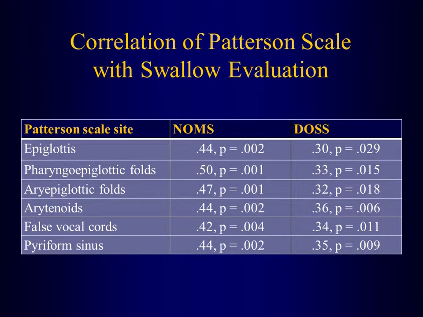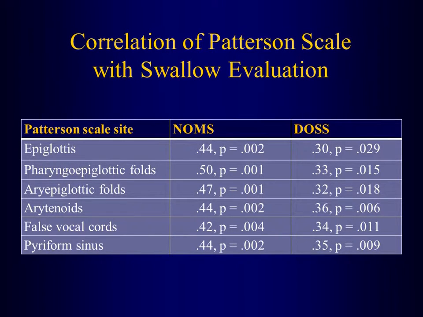This is looking at the modified barium swallows, and they were measured using 2 different techniques, the NOMS and the DOS, and I'm sure you all are familiar with the NOMS, because that's what all of the swallow therapists use to report the grade of dysphagia in patients who undergo swallow studies now. So let's just look at the NOMS, because I think it functions better than the DOS. It doesn't matter.